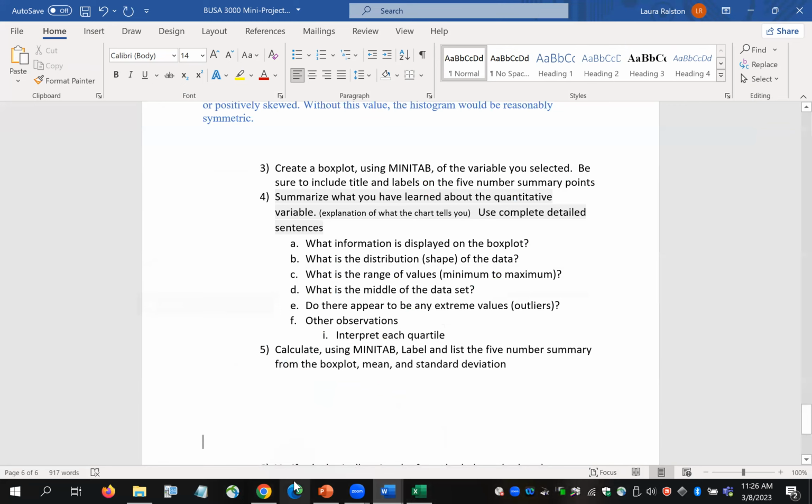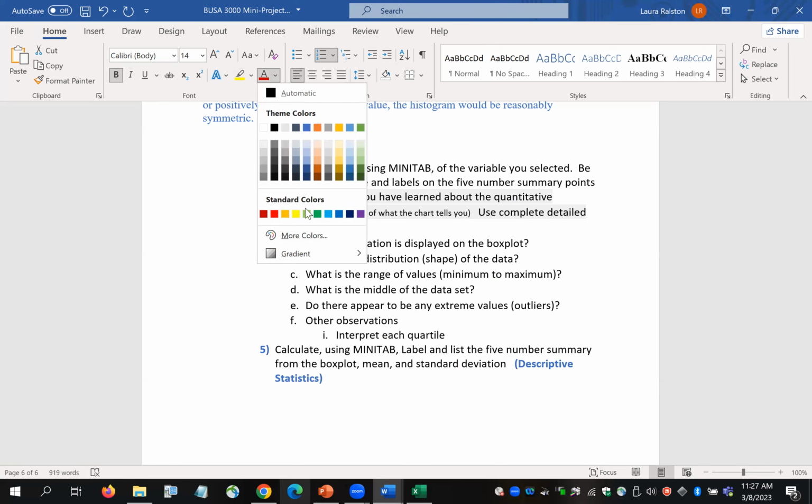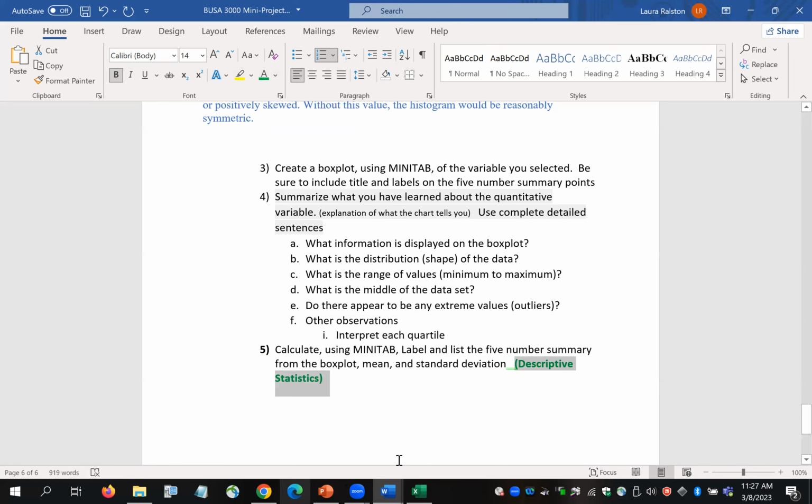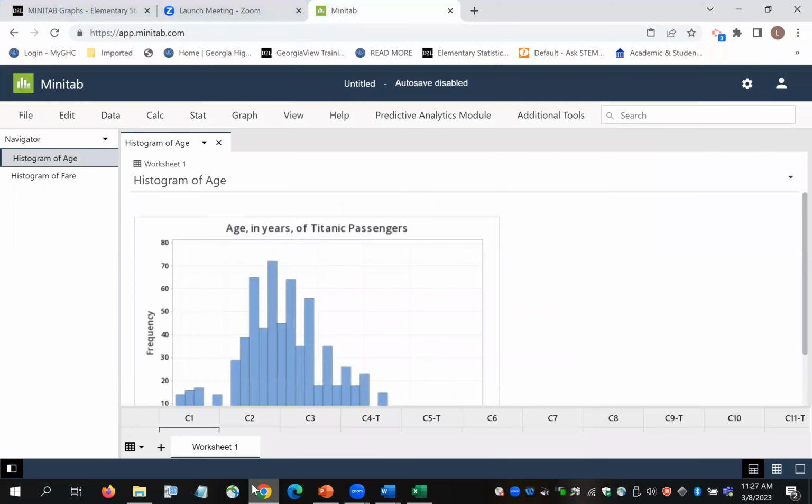Okay, this particular question here, and I'm just going to make a note, addresses the descriptive statistics. And it's not actually asking you to find them all, but I'm going to show you how to find them all because Minitab does it with one single command. It is so nice. I don't have to calculate them individually.